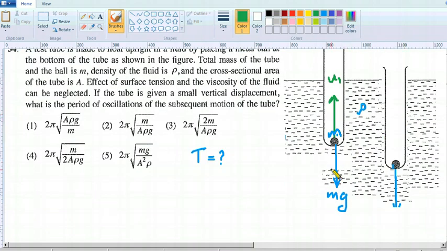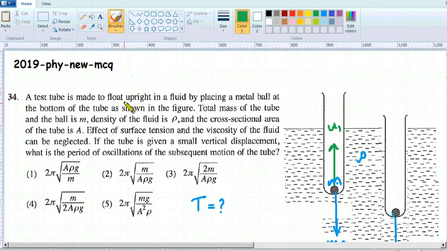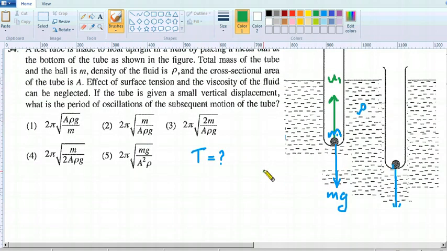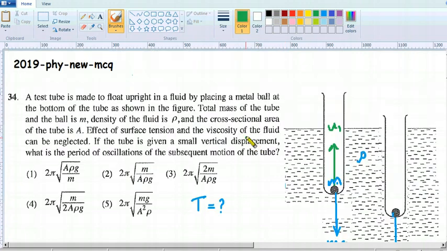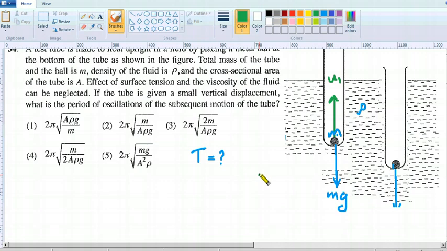So children, now we can write our first equation. Since these two forces are at equilibrium, because it is floating, there is no rotation or motion up or down or left or right. That means it is stationary without moving, so it is at equilibrium. Therefore we can write mg equals U1.